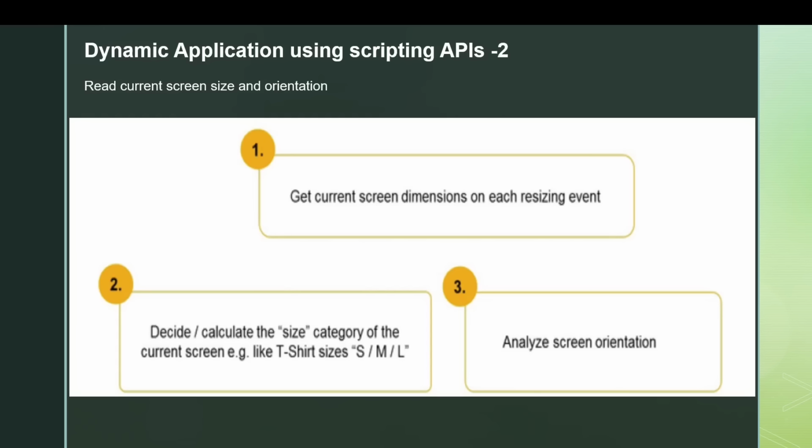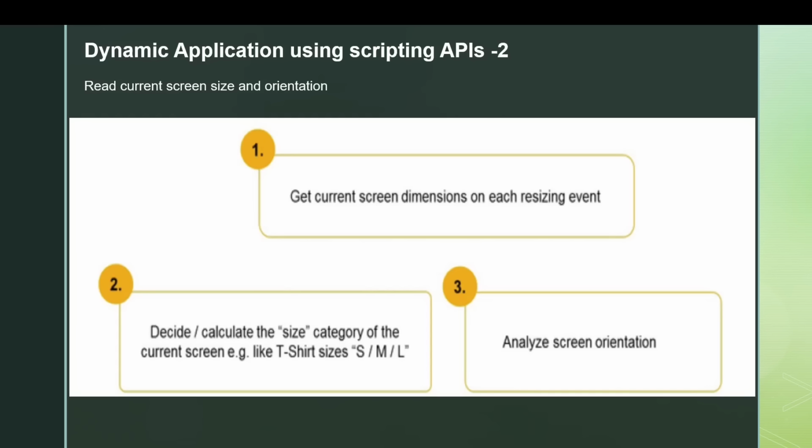For the scripting on complex stories, we first have to find the screen dimension of each size on which our application will be run, and in the second step we calculate the size category of the current screen.